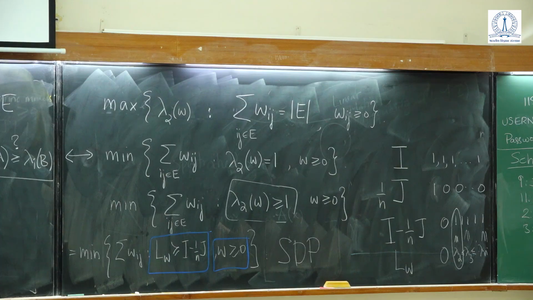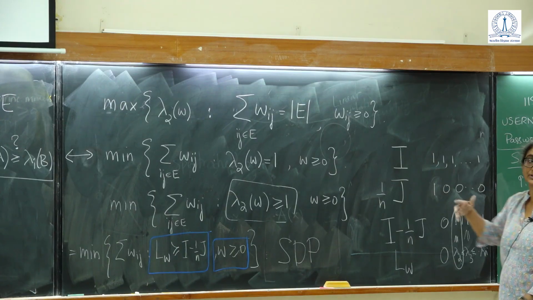Yeah. This lambda 2, you take this one. This is something special about one. You can take anything equal to this lambda 2 equal to anything, or it is only one. Oh no, I just normalized it to 1. You could set it to something else, but then you'd have to change the I minus 1 over Nj to something else, right? So I could have said I want lambda 2 to be at least 3.